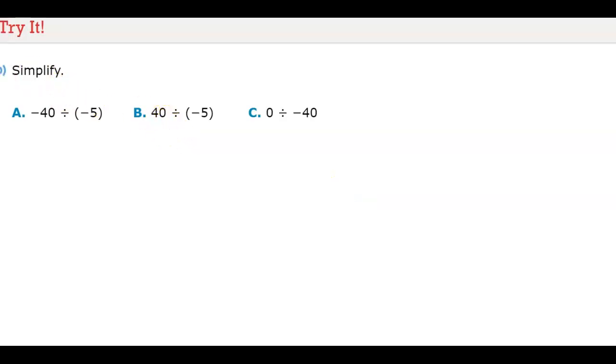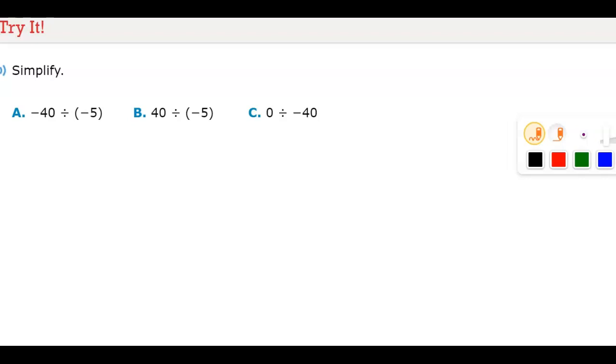We have here, Simplify. So let's look at, I'm going to do one of these. I'll do A. A says negative 40 divided by negative 5. So I'm going to use the method of thinking of what times 5 equals 40.